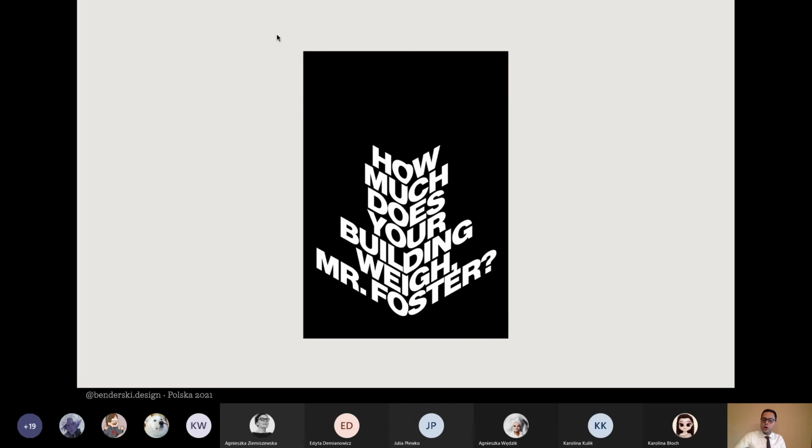After having that, how can this work on a poster? So you're going to see now different options of the poster, or how to communicate the feeling of space using the title of the movie.